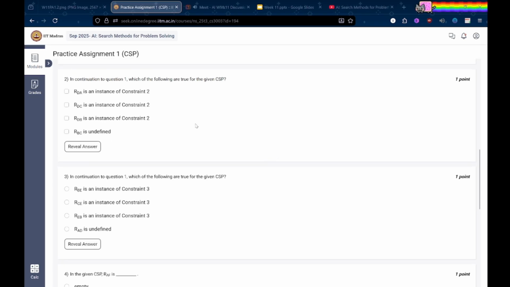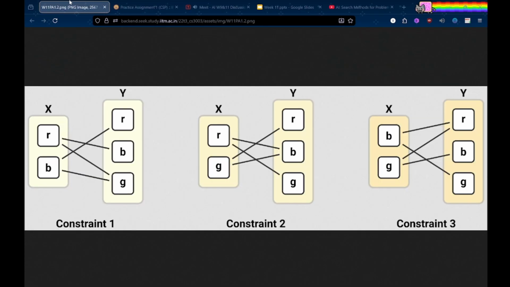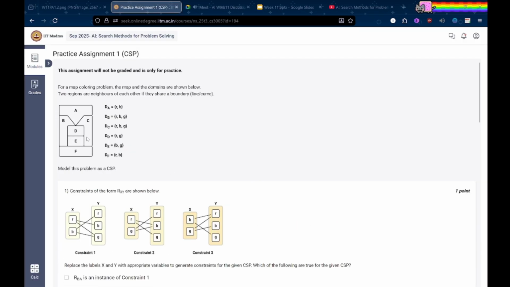There are a few more questions maybe. So in continuation to question 1, which of the following are true for the given CSP, which ones satisfy constraint 2? Okay, let's copy this.